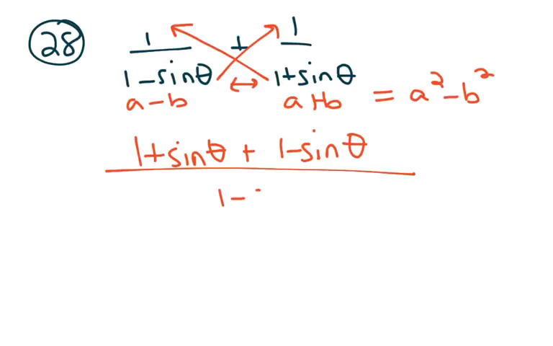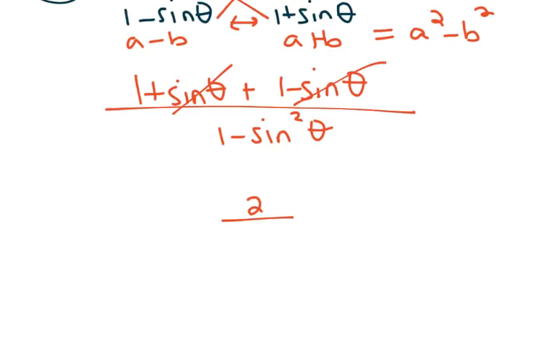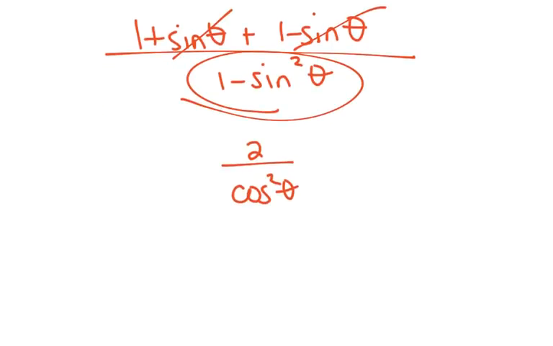So I'm going to get 1 minus sine squared. Now in the numerator, these cancel. So you're left with 2 over, and 1 minus sine squared is the same as cosine squared. And anything over cosine squared is the same as secant squared.